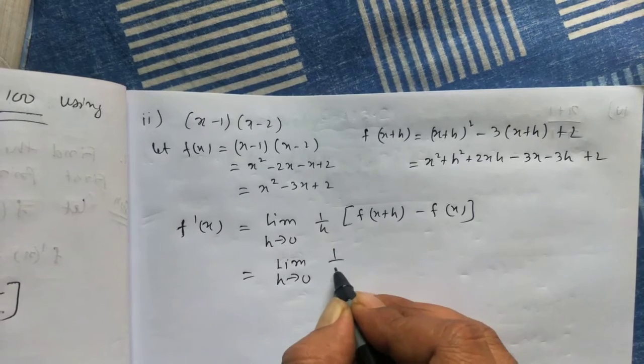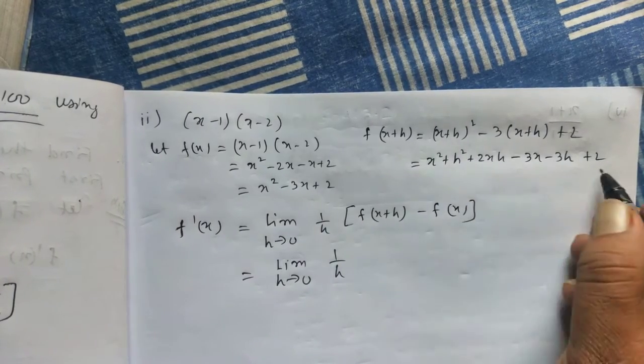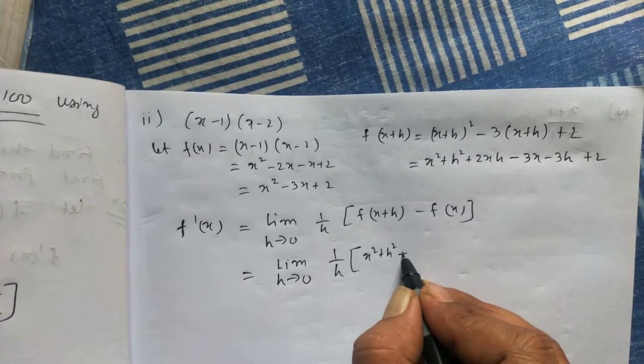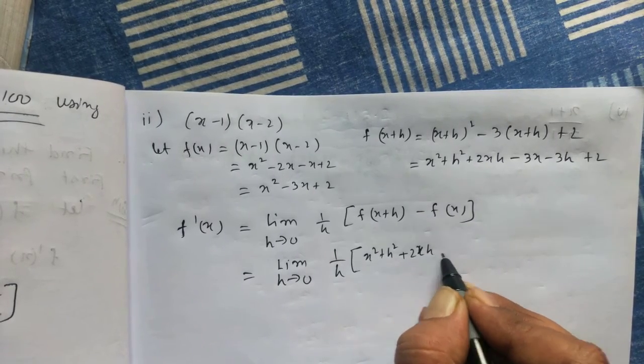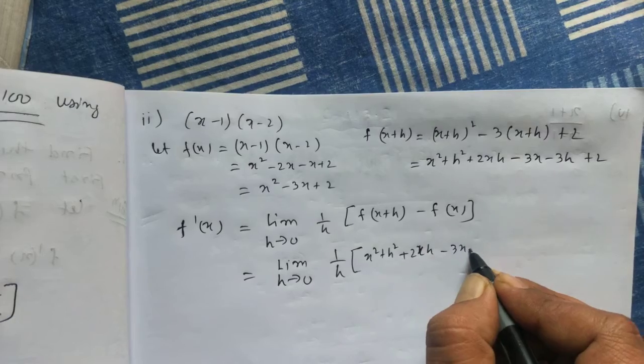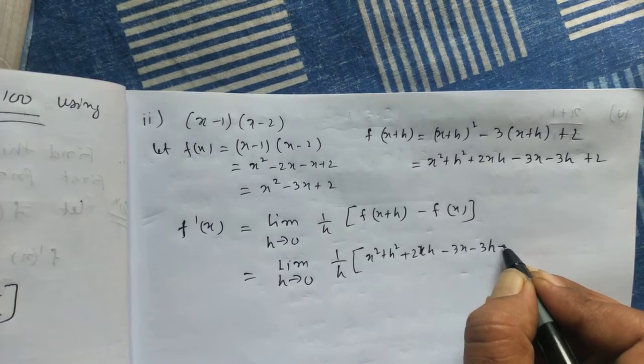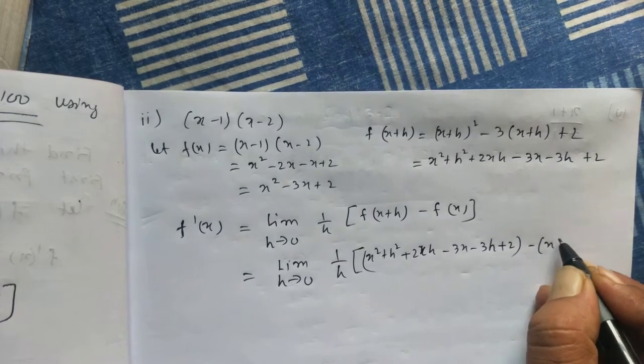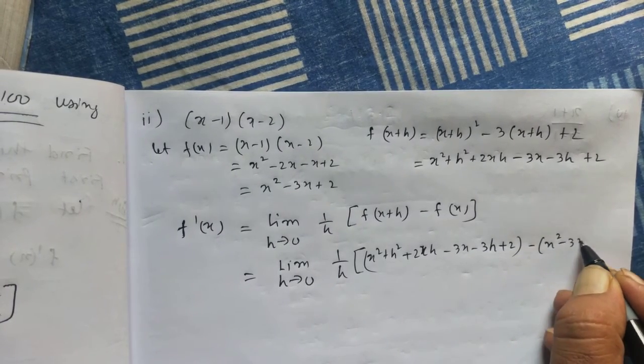Now put the value only. f(x + h) is this one, x² + h² + 2xh - 3x - 3h + 2, minus (x² - 3x + 2).